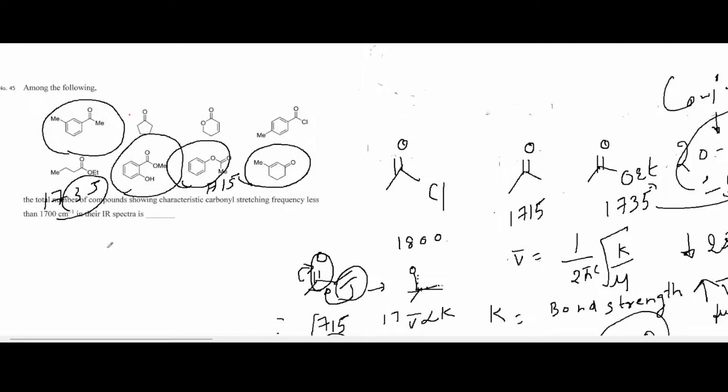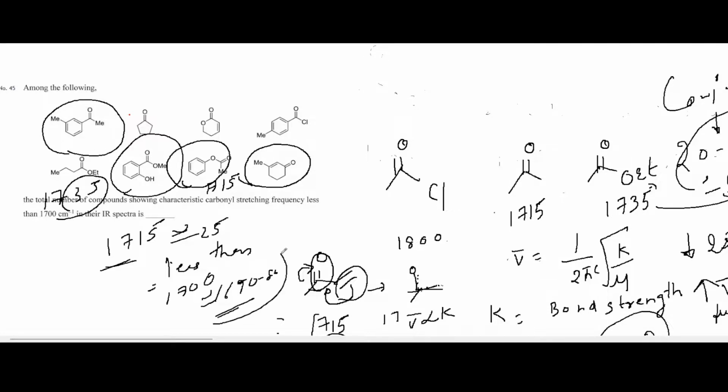In this one, it is a simple ketone which has a range of 1715. Due to resonance, minus 20 or 25, it will be somewhat less than 1700, in the range of some 1670, 1690, 80 to 90, like that. So this one will have less than 1700.